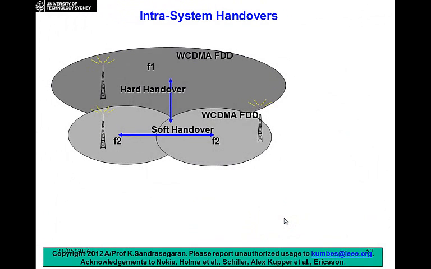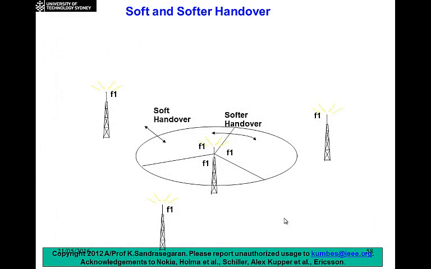Now, within the intra-system handovers, there are two possibilities. In fact, there are three possibilities. You can have soft handovers, hard handovers, and softer handovers. So let's have a look at the difference. So we'll initially look at the difference between soft and softer handovers.